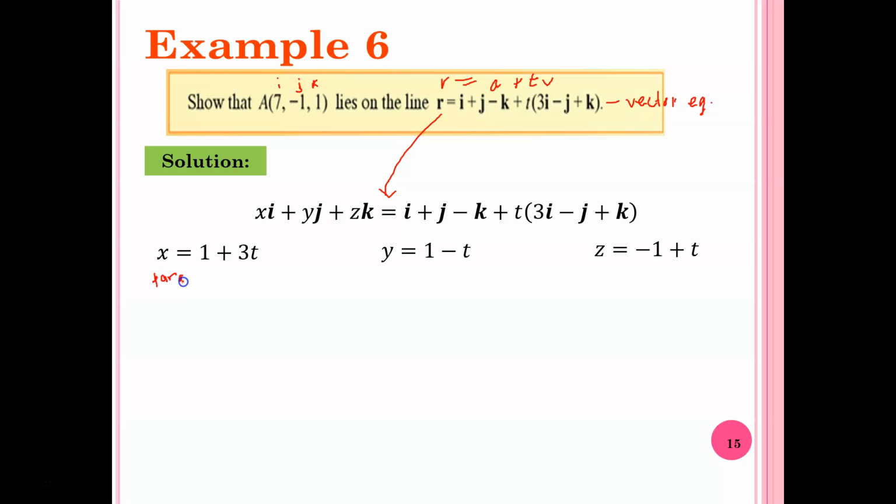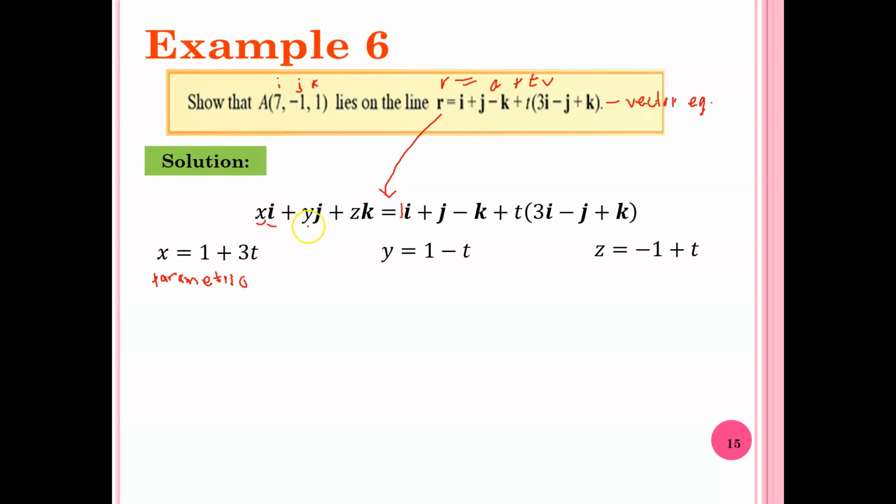Macam mana cari parametric tadi? You equating the left hand side, the coefficient on the left hand side dan right hand side untuk I, J, and K. So untuk I, you have X, you have 1 over here, and you have 3. That's why you have X equal to 1 plus 3t.